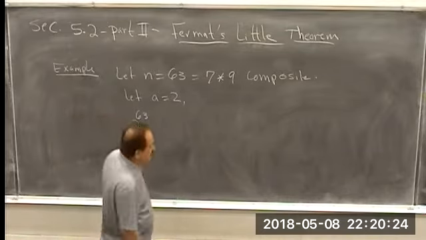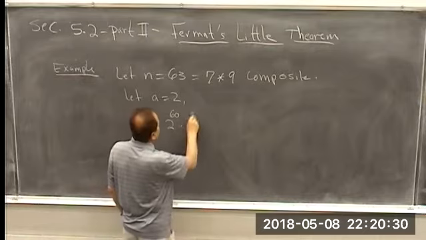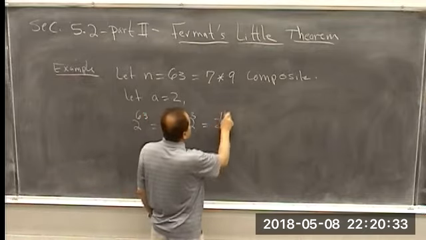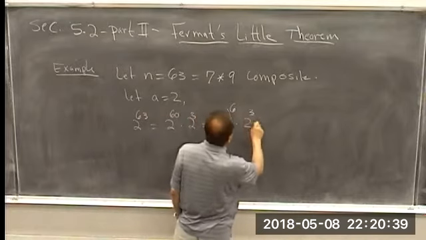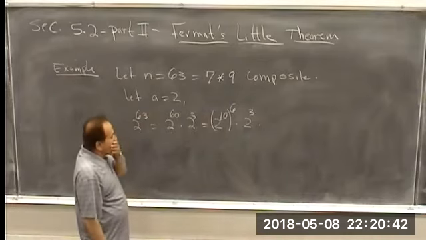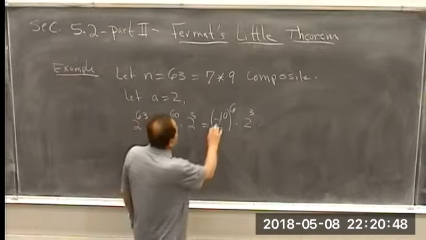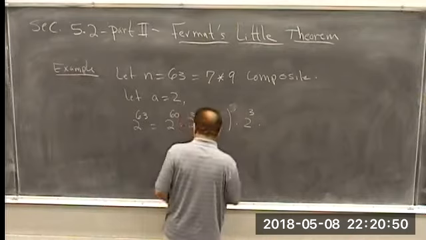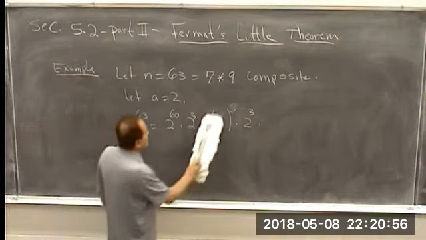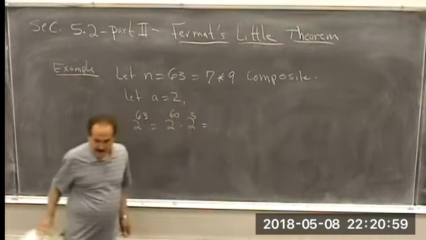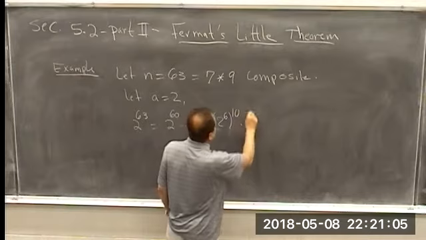So 2 to the 63 is 2 to the 60 multiplied by 2 to the third, which is 2 to the 6 to the 10 times 2 to the third. Let me do it the other way around, the 6 inside and the 10 outside.